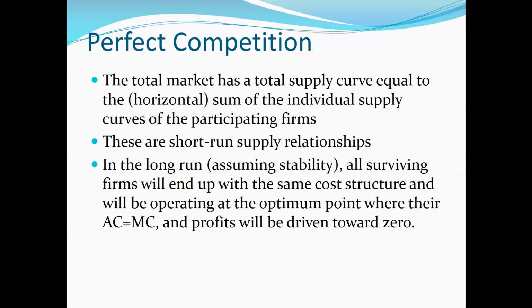But in the long run, in a stable commoditized market, all surviving firms will end up with the same cost structure and will be operating at the optimum point where their average cost is equal to marginal cost, and their profits will be driven towards zero. So that's what happens if you have a lot of competition. Your average cost becomes your marginal cost. You can operate, but your profits go down and down, basically driven towards zero.